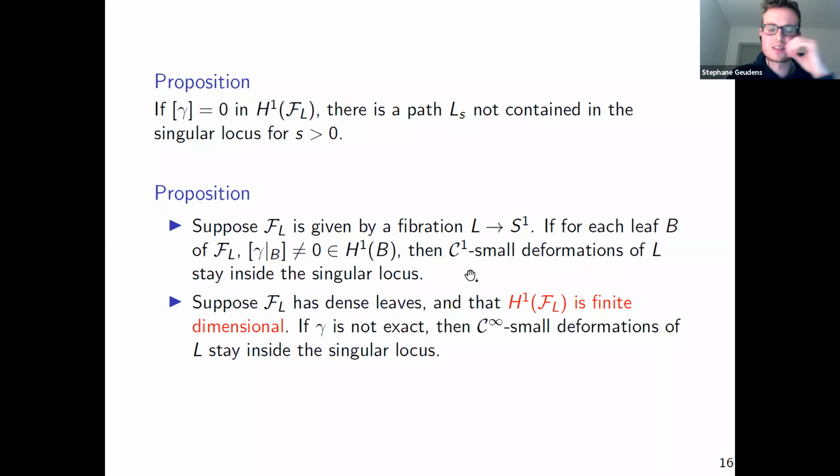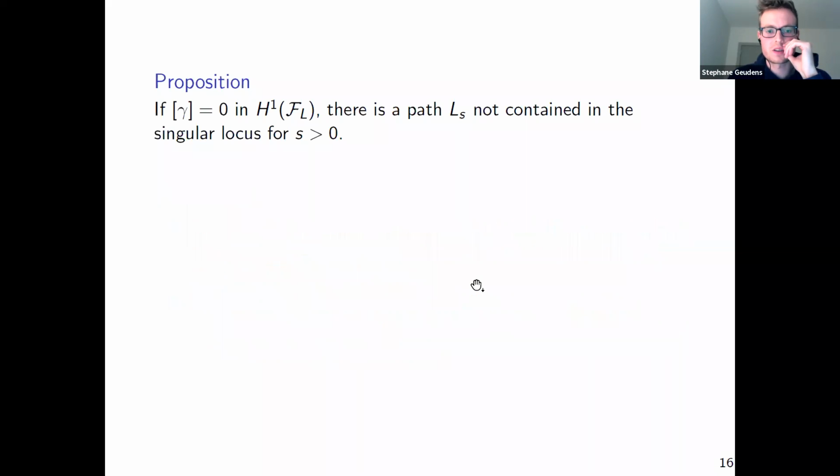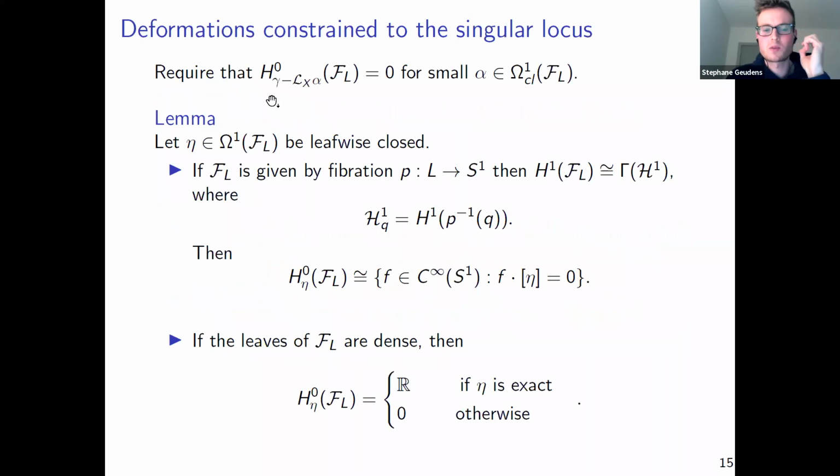And in the dense case, it seems to be more difficult. So let's ask the same question. We want that this is 0 for small enough alpha, in particular for alpha equal to 0. So we start with gamma that is not exact. And we wonder, is gamma minus Lx alpha still not exact for small enough alpha?